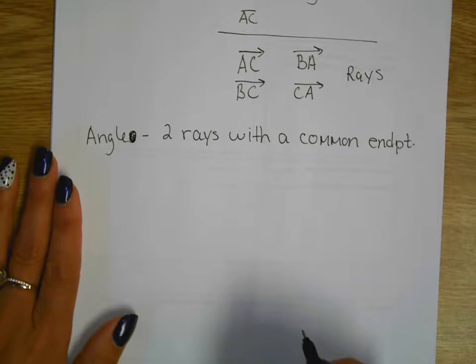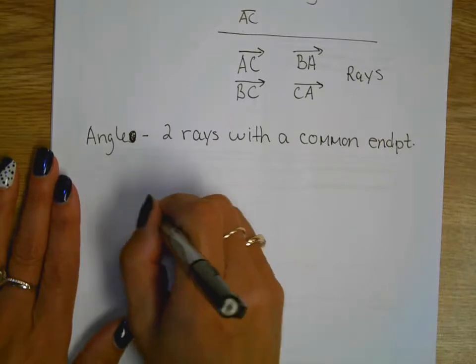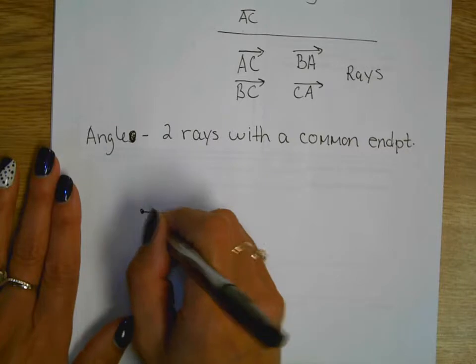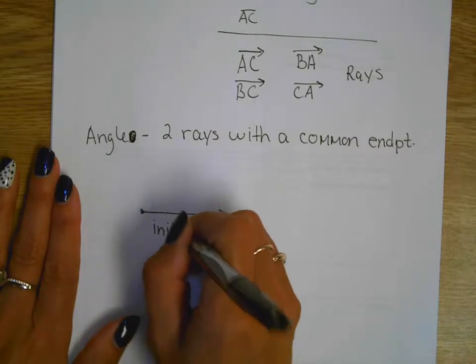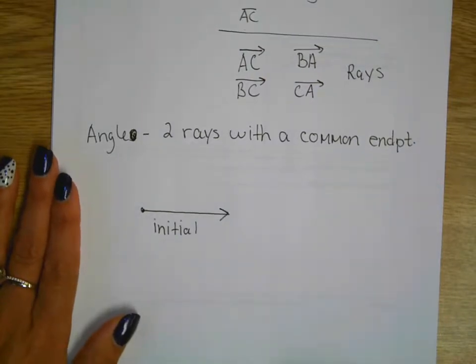Lots of the angles we talk about in trig are going to be made from something turning, rotating around. So what we have, the first side, the first ray, we call that the initial side of the angle. Initial side of the angle.